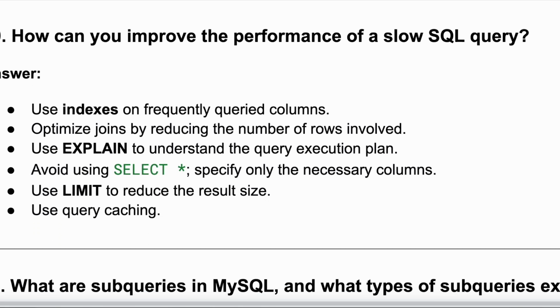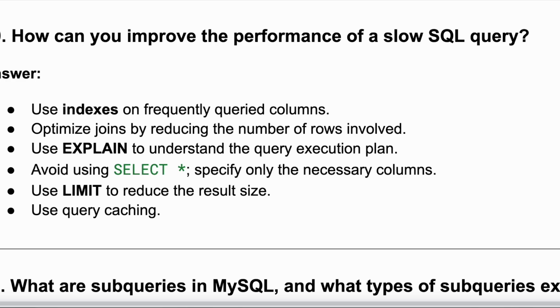Next question is, how can you improve the performance of a slow SQL query? Let's say I have a query that is not performing well, it is slow, and I want to improve its performance. What will you do? You can take a few ways by which you can improve the query performance.